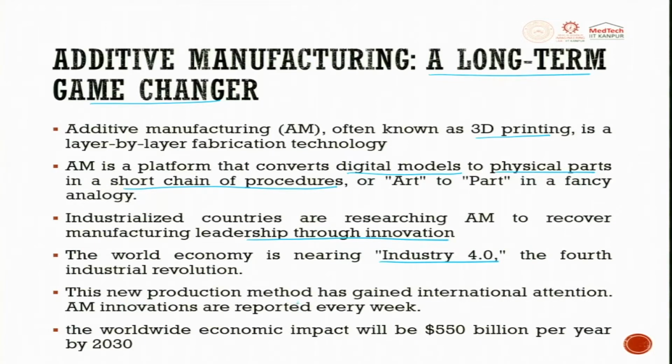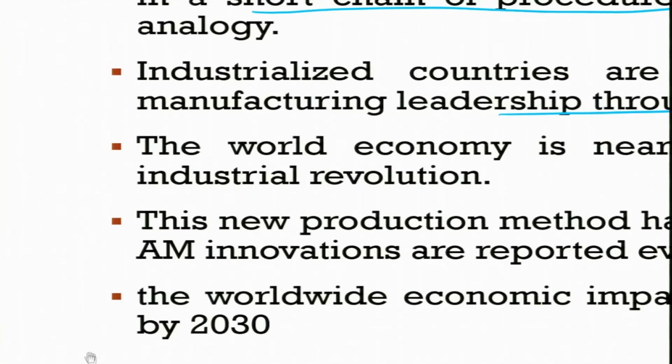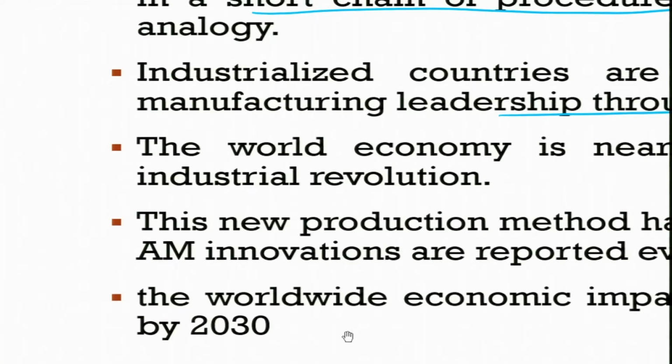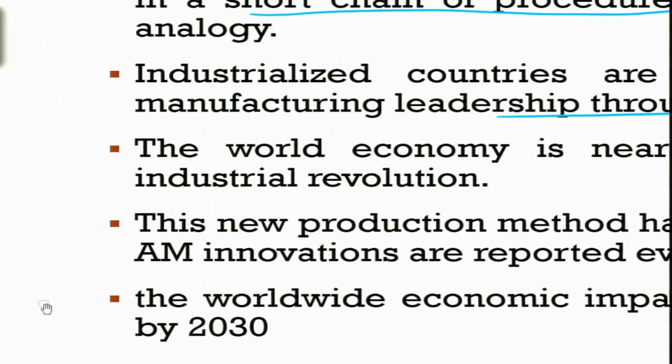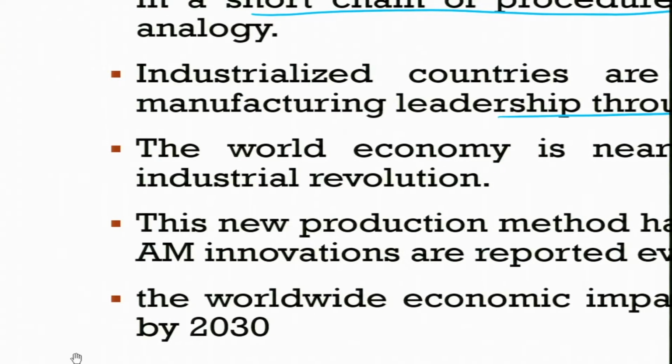This new production method has gained international attention. AM innovations are reported every week. Every week we have new AM innovations in terms of material, in terms of manufacturing method, and in terms of quality assurance.